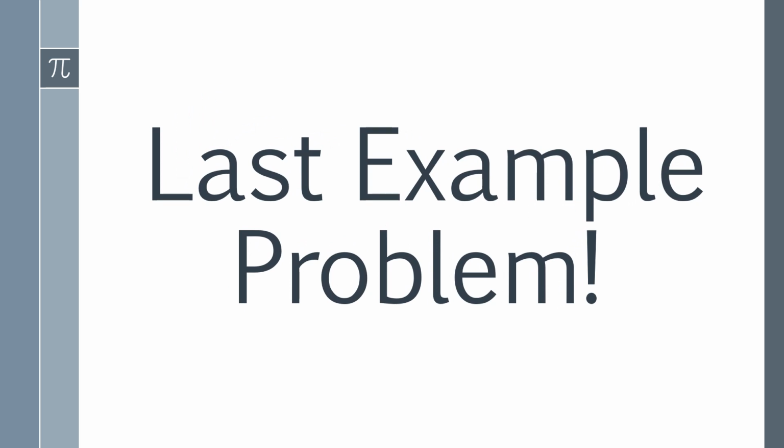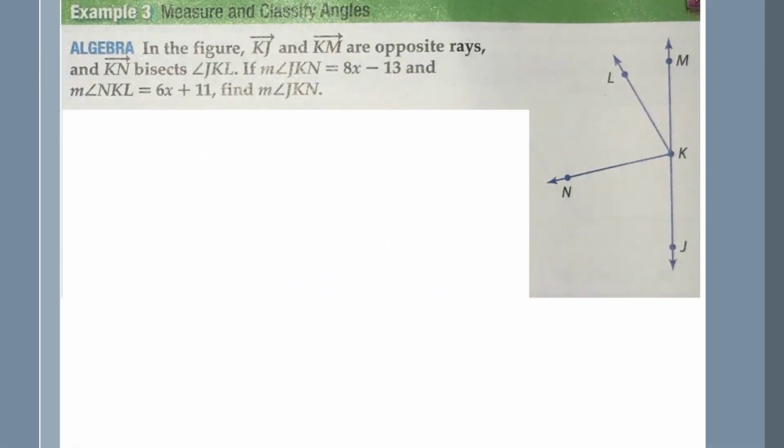Last example problem. So in this figure, ray KJ and ray KM are opposite rays. And ray KN bisects angle JKL. If the measure of angle JKN is equal to 8x minus 13 and the measure of angle NKL equals 6x plus 11, find the measure of angle JKN.